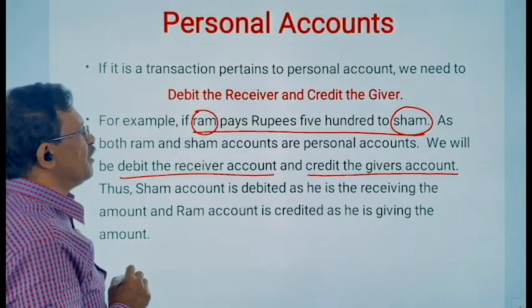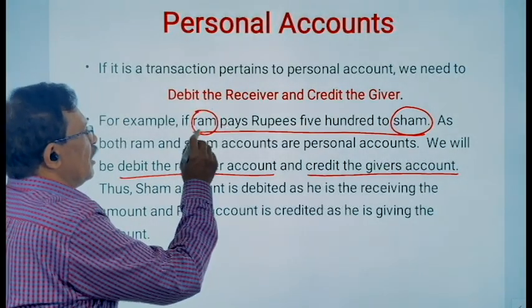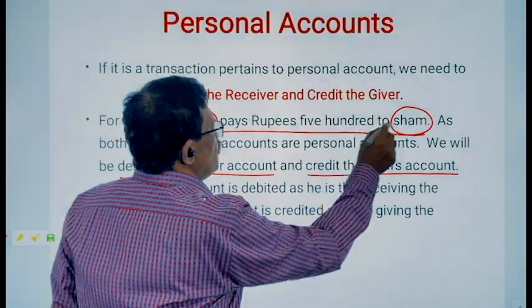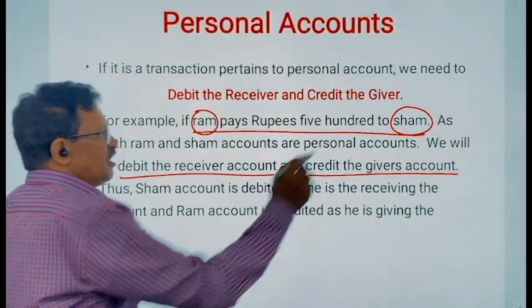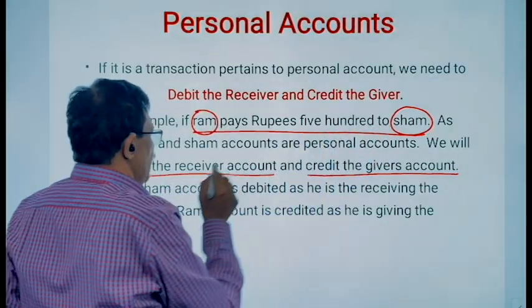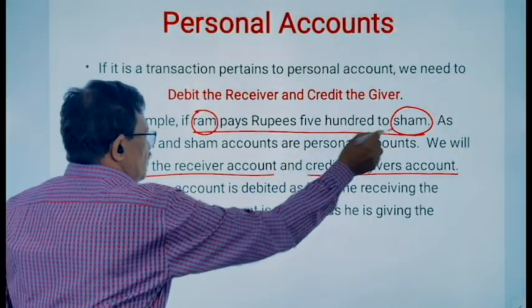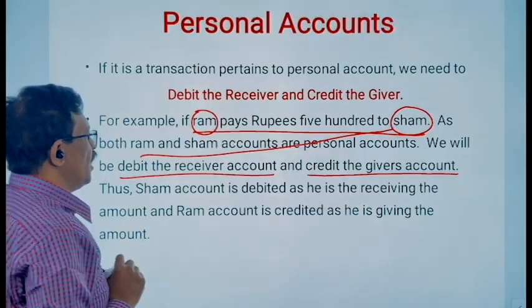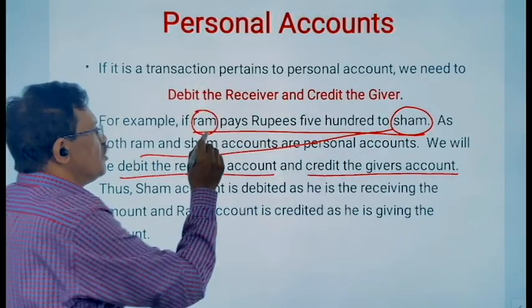Who is receiving this particular payment? Ram pays rupees 500 to Sham. Who is receiving? Sham is receiving. So his account is going to be debited and Ram account is going to be credited.